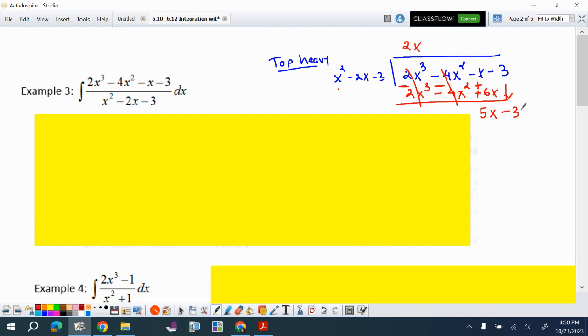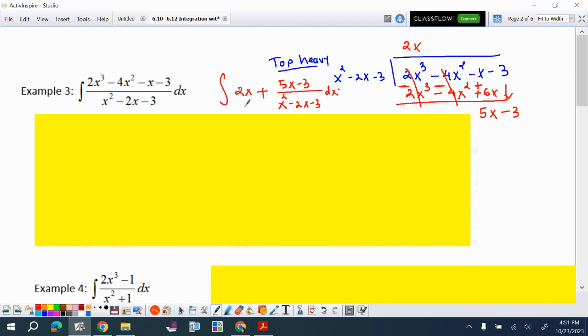Okay, so how do we rewrite this? You need all the factors. This is the quotient, which I'm going to rewrite as 2x plus the remainder 5x minus 3 over the same divisor, x squared minus 2x minus 3, dx. One more time: top heavy, do the long division, rewrite the entire integral again.